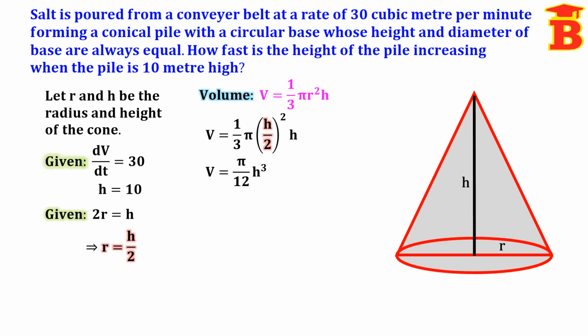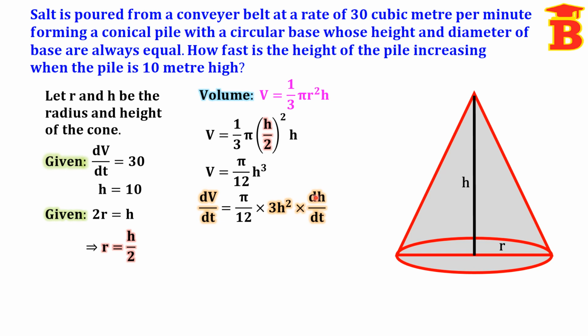Next step, differentiate and substitute the given values. Differentiating this, dV by dt equal to pi by 12 into h cube, differentiation is 3h square into dH by dt. We are differentiating with respect to t.